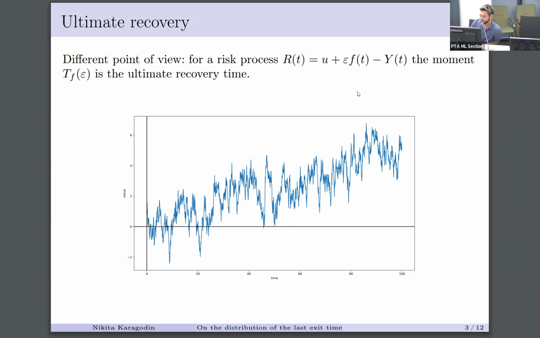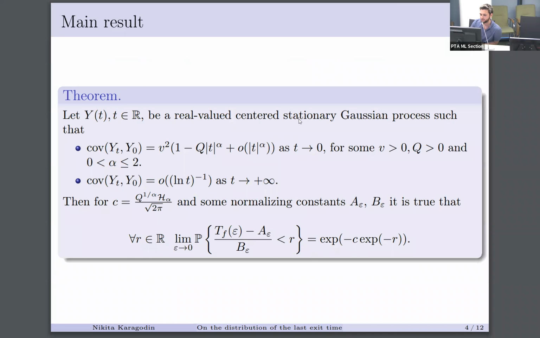Okay, and well, the main result is the following. You can get the limit theorem for the distribution of this moment under two conditions. You can see them on screen, but I'll explain them a bit.